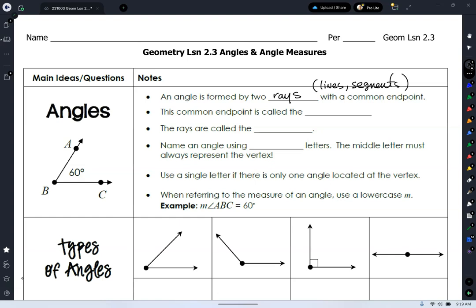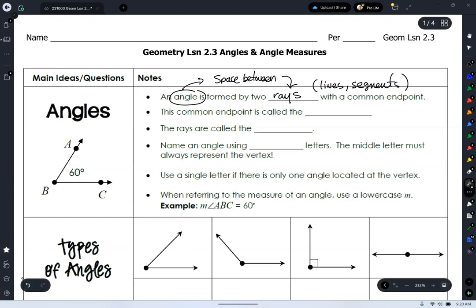So when I say rays, I'm really talking about rays, lines, segments, any kind of straight path can form an angle. And what an angle is, I want you to circle that word, swoop a little arrow up here. The angle is actually the space between the rays, the lines, or the segment.